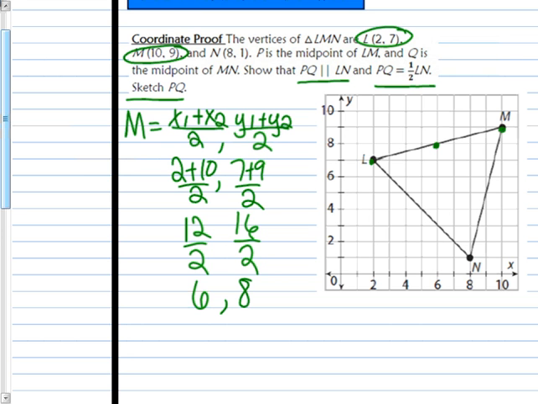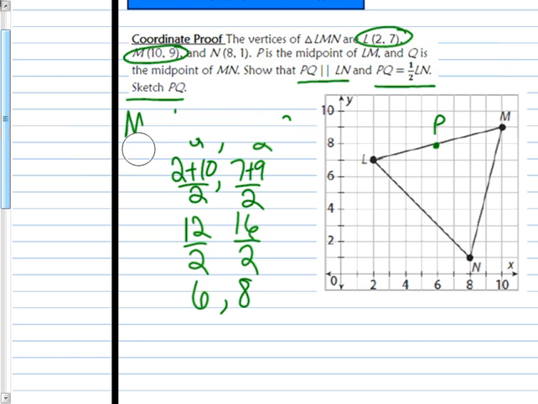I'm going to erase this so we don't get confused. Actually, let me mark that this is point P. I said P was the midpoint of LM.